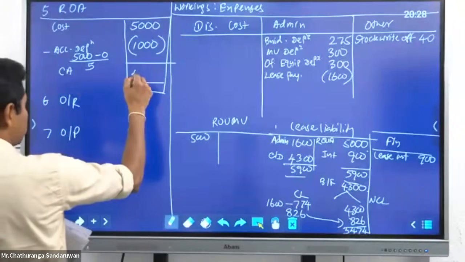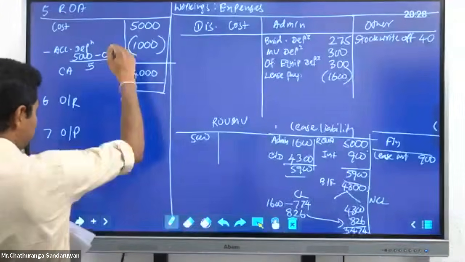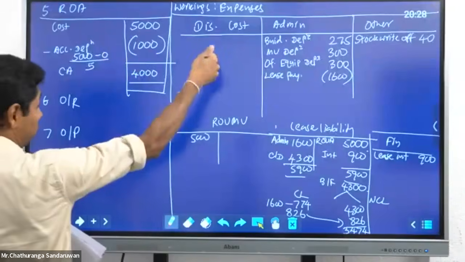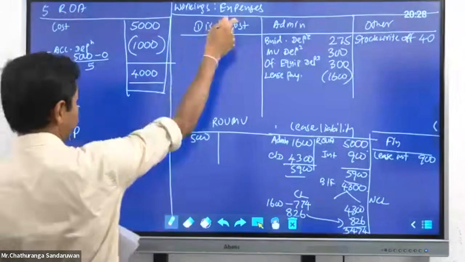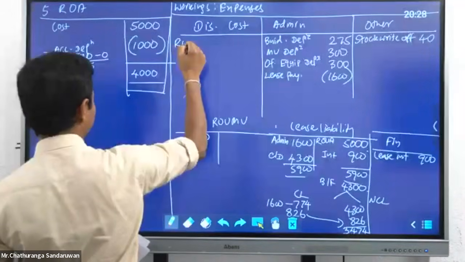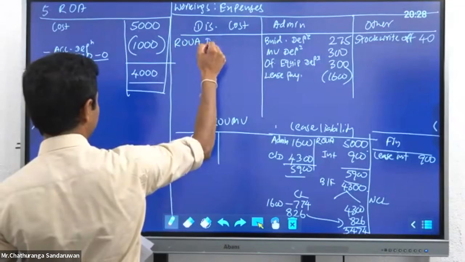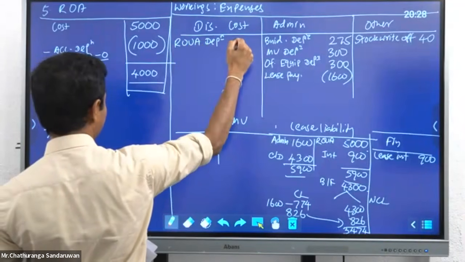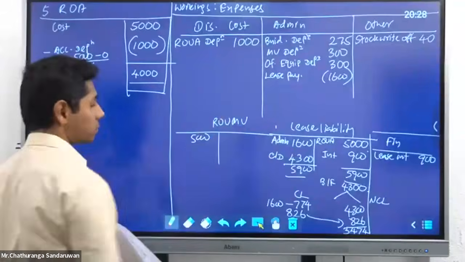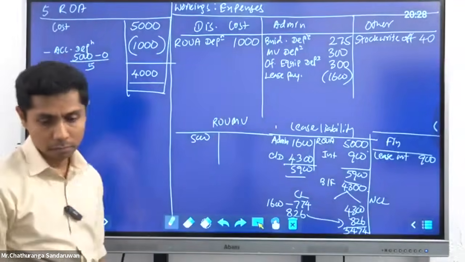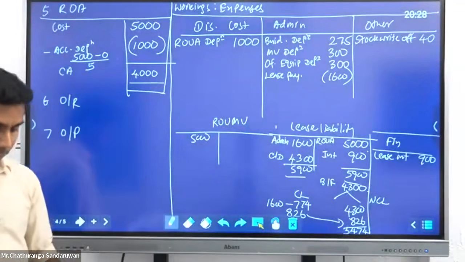Then the carrying amount of the right of use asset is 4,000, and they say this asset is being used for the distribution of goods. So that is a distribution cost. Right of use asset depreciation or motor vehicle depreciation 1,000. Okay.